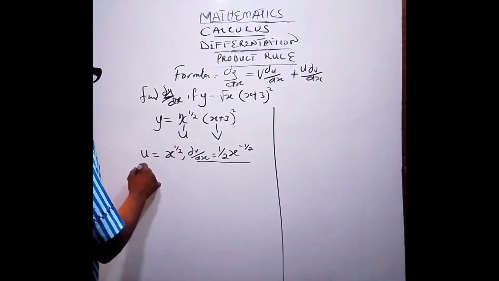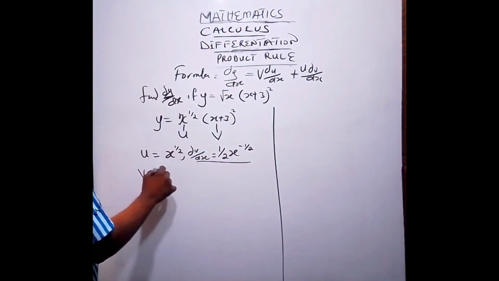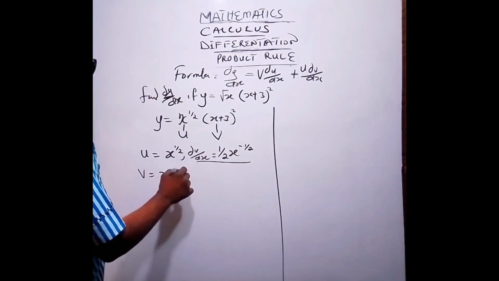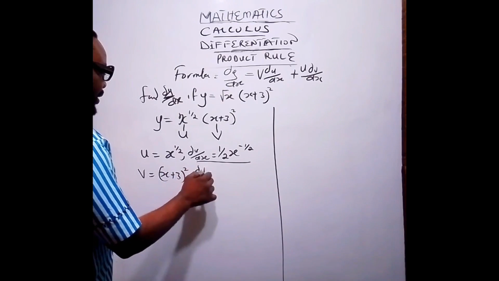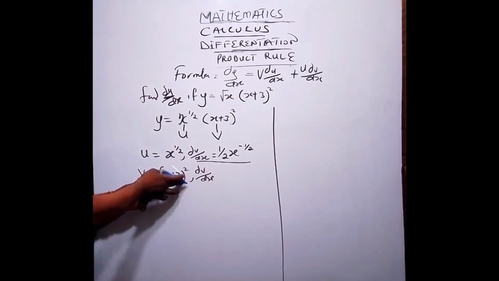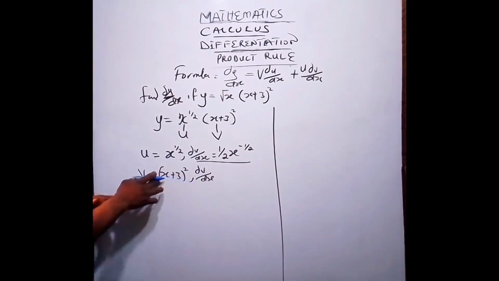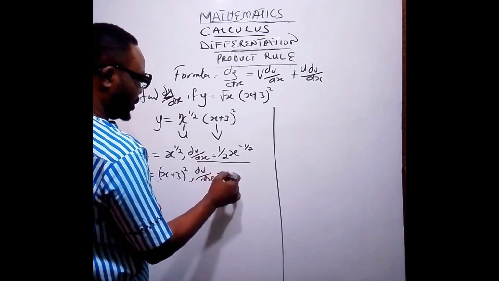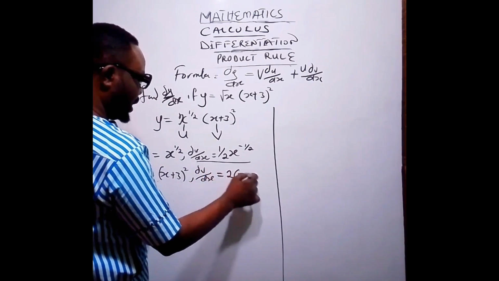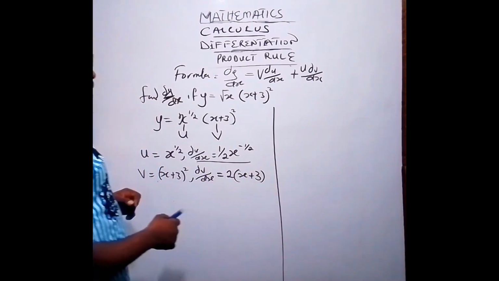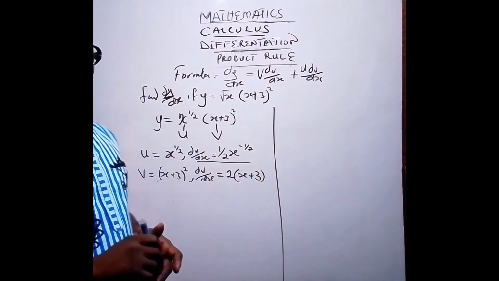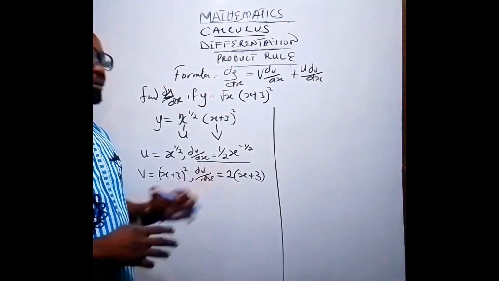Then if v is equal to (x plus 3) squared, then dv/dx, if you make use of the composite function, is going to be 2 into bracket x plus 3. That is the value you get.